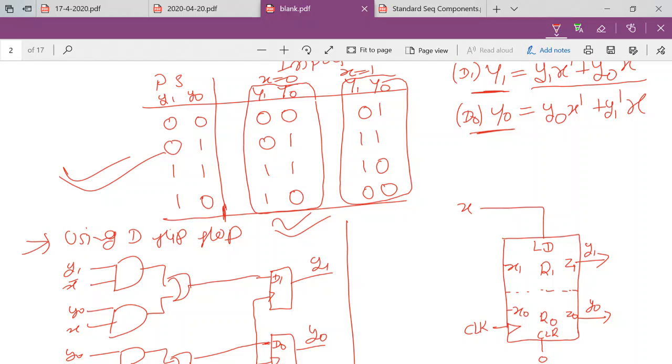What should we apply at the inputs x1 and x0 of these registers? In case of x equals 0, LD would be 0 and there would not be any change in the state. Whatever the previous state was will remain the next state, and that's what we want. If x equals 1, that means LD equals 1, and we want this functionality.